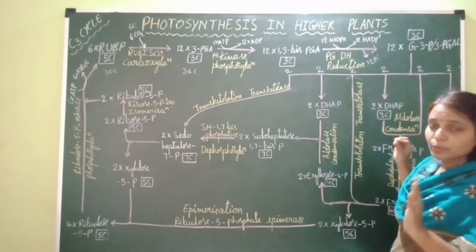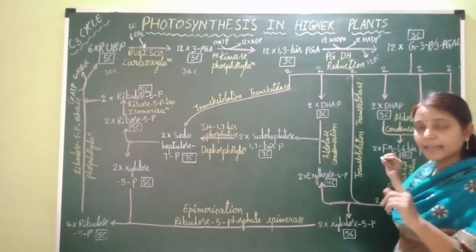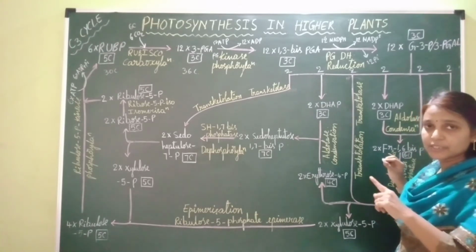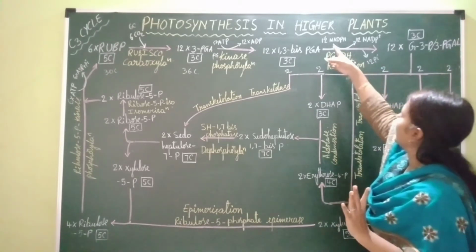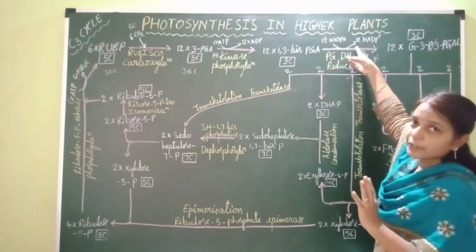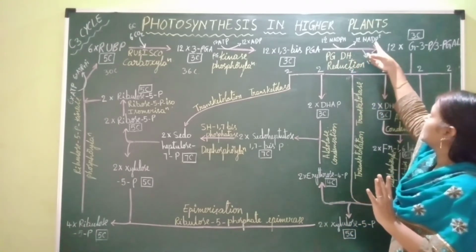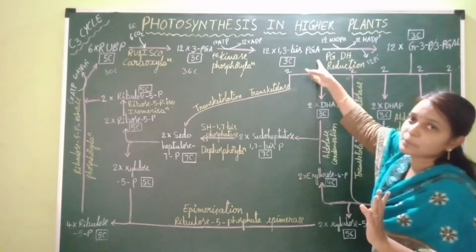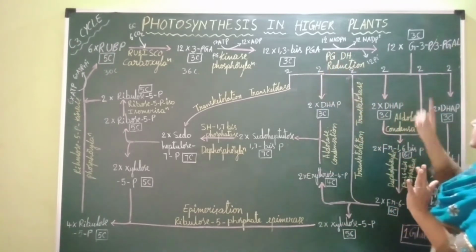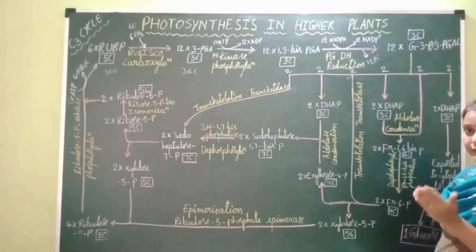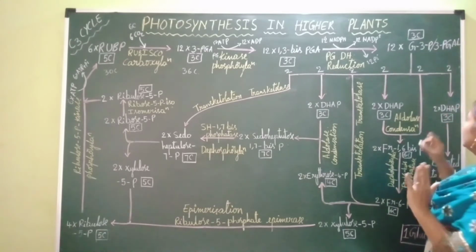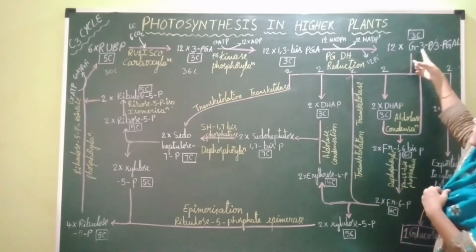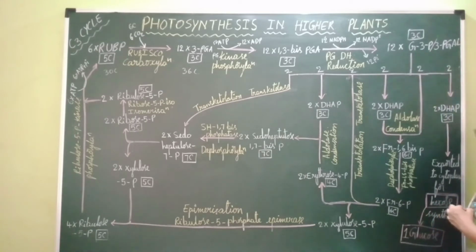For that reduction, protons and electrons are donated by NADPH, and hence NADPH is converted into NADP+. So 12 molecules of NADPH are utilized, which will be converted into NADP+ after donating protons and electrons to the bisPGA, and hence bisPGA has been dephosphorylated and reduced into G3P, glyceraldehyde 3-phosphate or 3-phosphoglyceraldehyde.